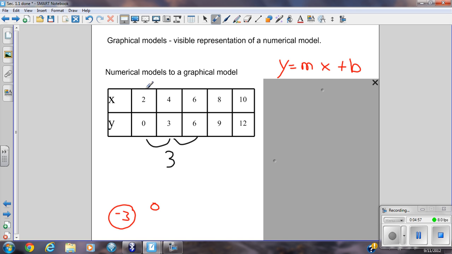And the x, I am going up by 2. That gives me a slope of 3/2.